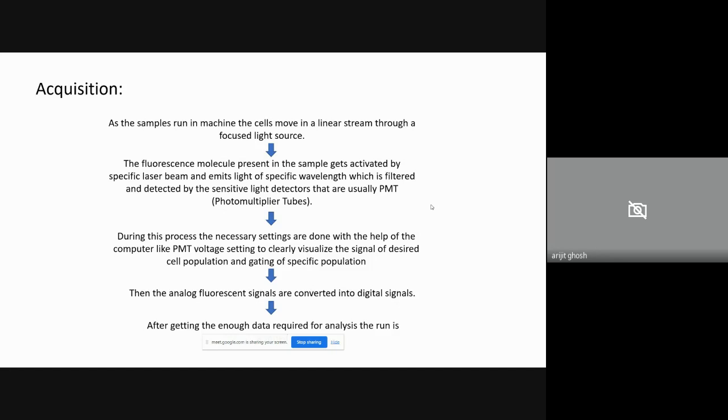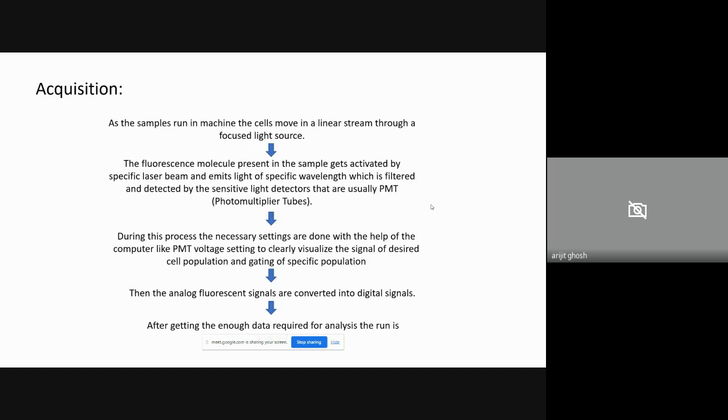During this process, we may need to change some settings depending on our experiments, like changing the voltage of the PMT, gating the particular cells of interest, like the population of our interest, and setting different types of plots, depending on which type of expression we are trying to see, like single expression or multiple expression.